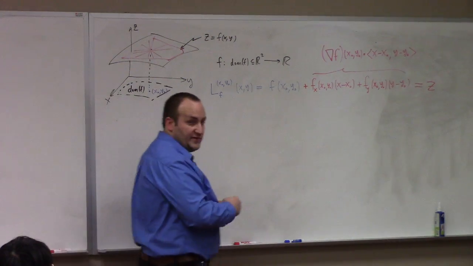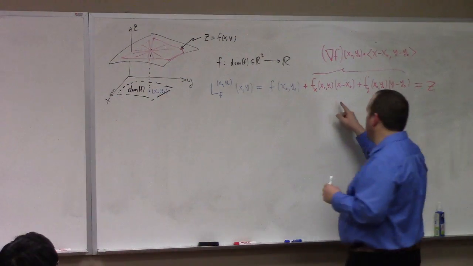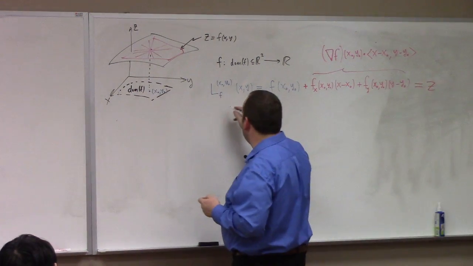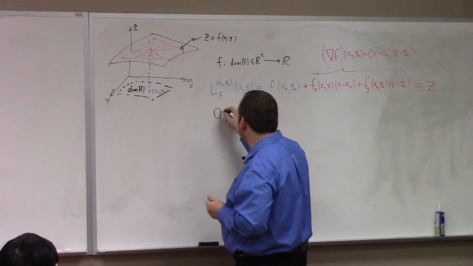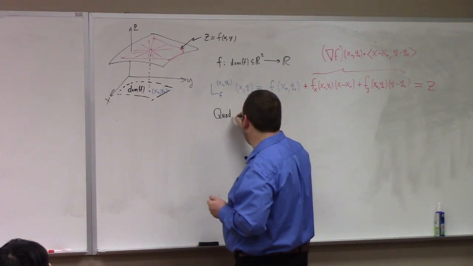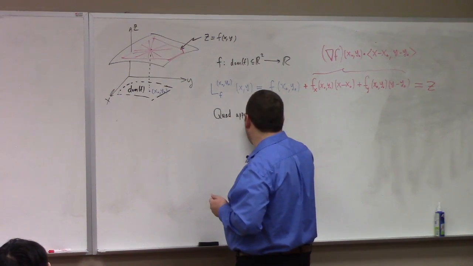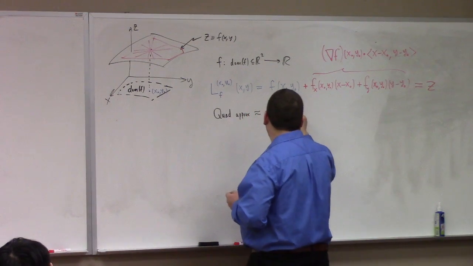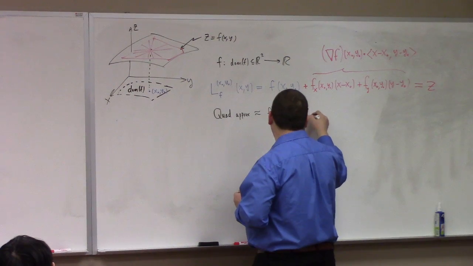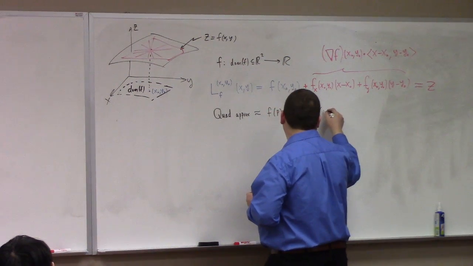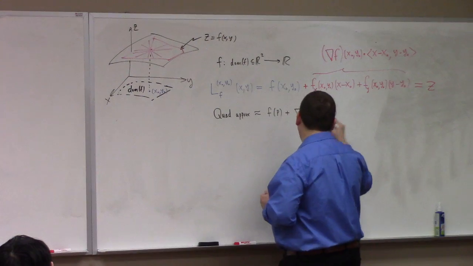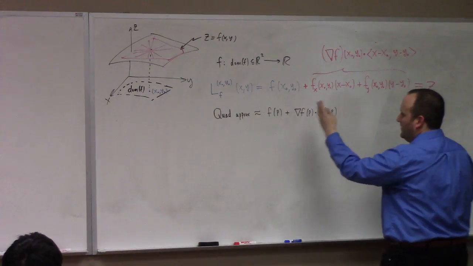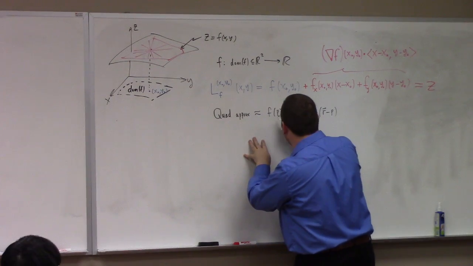Something I should tell you guys. If you don't want the linearization, suppose you want the best quadratic approximation? You do f at the point P plus the gradient of f at the point P dotted with r minus P. So this stuff here is f of P, maybe I should put a sub naught on it to feel better about my life.